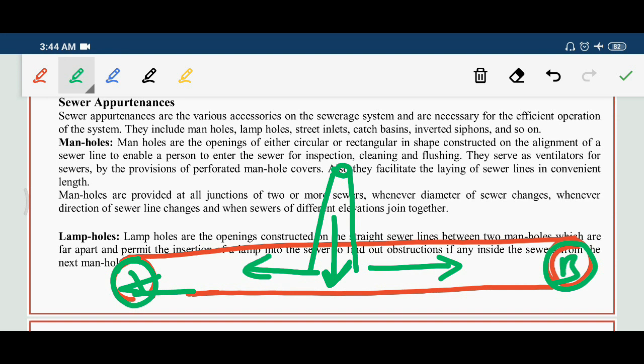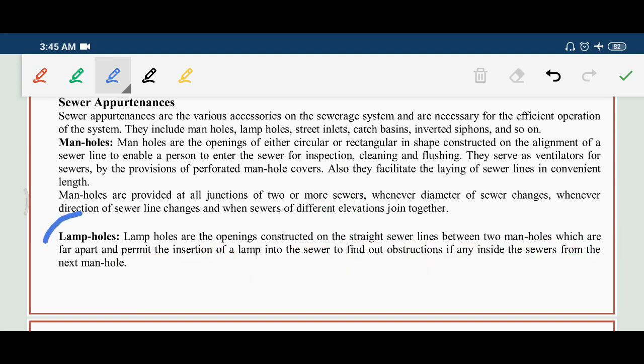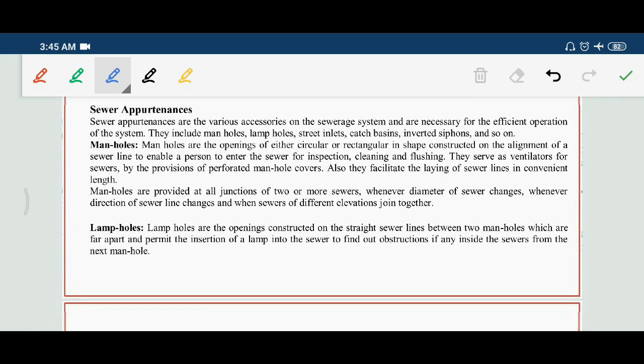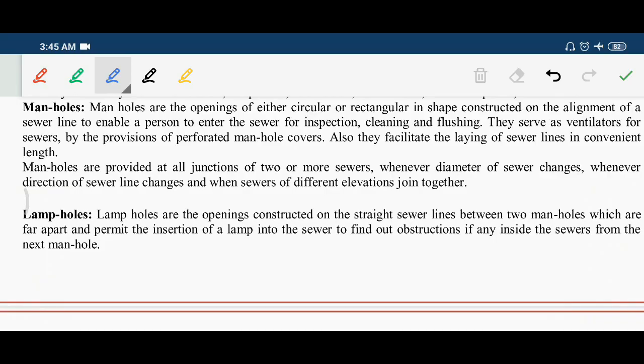If the light passes through A to B, that means the water is flowing in this particular sewer. That is the main purpose of the lamp hole. If there are any obstructions, the light will not pass.